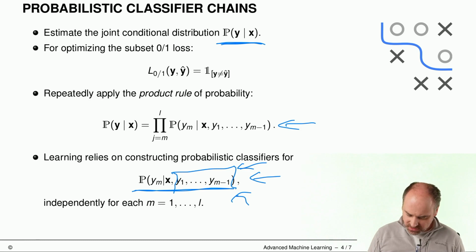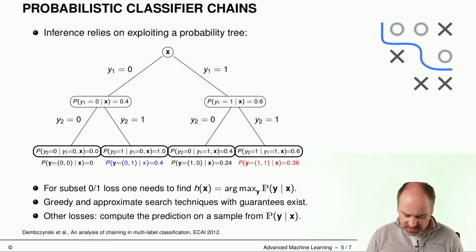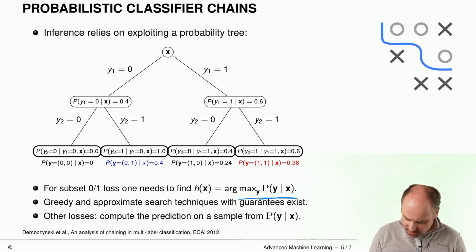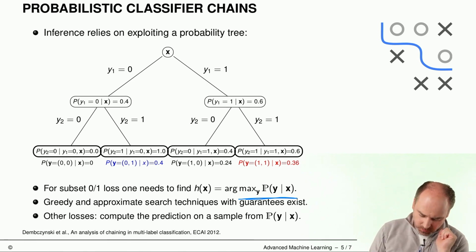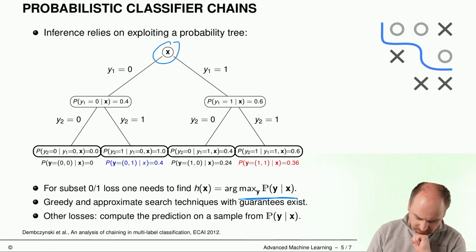Maybe it's easier to look at this now. We can now do inference in this. What we usually want to do at the end is find this. Let's write down a probability tree. We have our feature x, and now we can look at these paths.